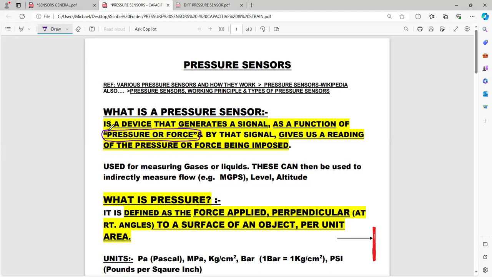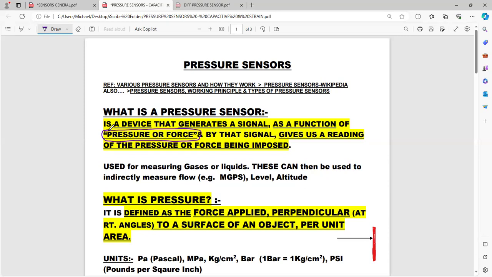That particular reading is going to be available at a remote position. That physical parameter is going to be changed into an electrical signal that we are going to be reading at a remote position that is going to tell us what that pressure or force is. That is the definition of a pressure sensor. You take the sensor definition and just add the pressure thing in that. The physical parameter you're going to put as pressure over there.